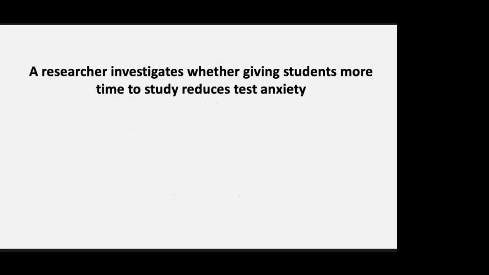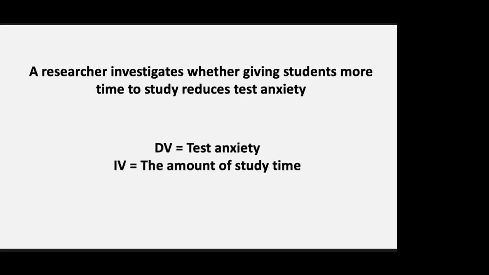Right. So here are some quick examples. Let's say a researcher investigates whether giving students more time to study reduces test anxiety. In this example, the independent variable is the amount of study time you give students, right? Because we can change that. It's what we manipulate. We can give them 30 minutes, or we can give them an hour, or we can give them 10 minutes.